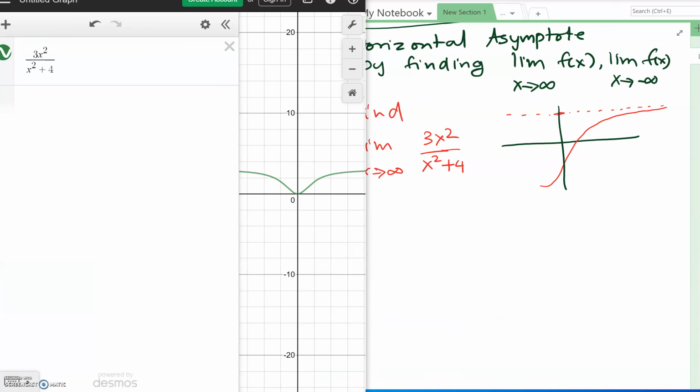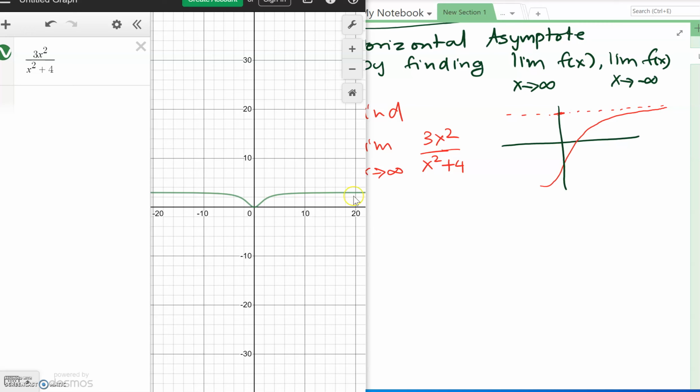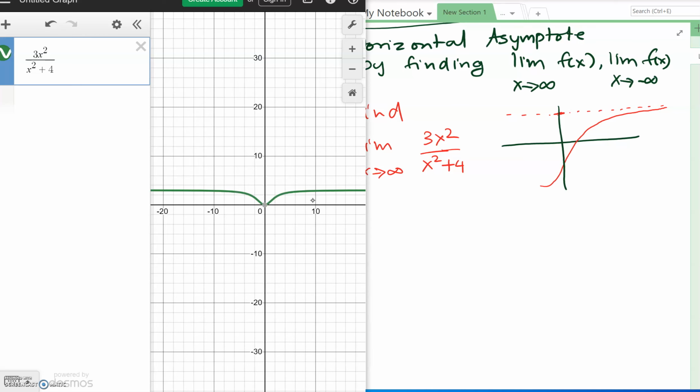Right, so you can see that this graph stabilizes at some height. If we zoom in, we can see that the graph is stabilizing at some height here, and this is the height we are trying to find.